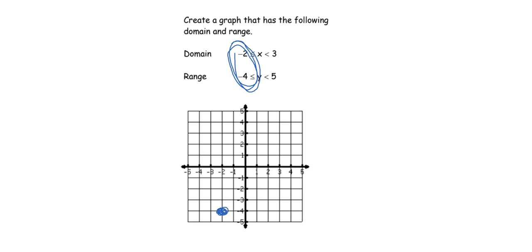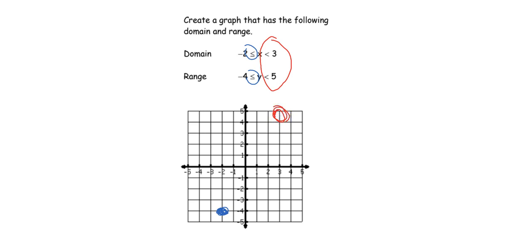Since both of these are or equal to signs, that means it's inclusive. We put a colored in dot. Now my upper bounds are both exclusive, which means they're not including these numbers. I've got 3 in my x value and 5 in my y value, so we're going to put them just like that.